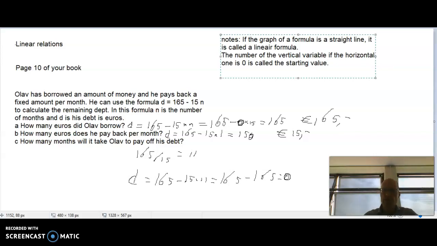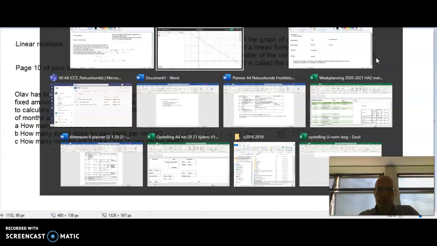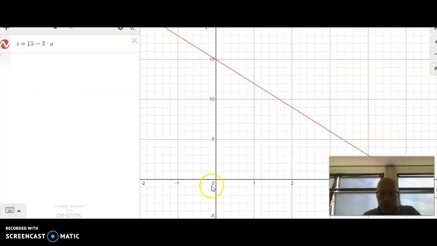So just to go back to the graph, here is the horizontal axis, it is 0, and we go back to where it intersects, that is the starting value.